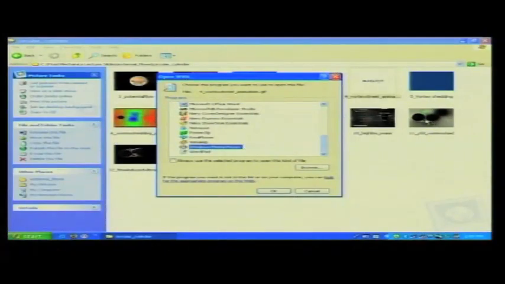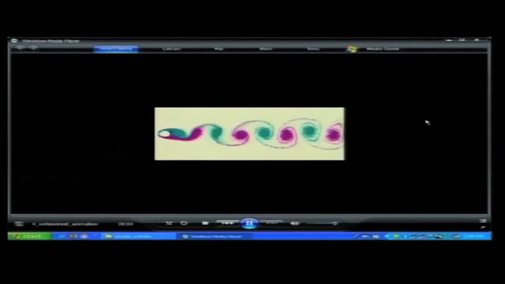These alternately rotating structures give an impression of footprints on a road, and this was first observed by von Karman, which is why it is known as the von Karman vortex street.